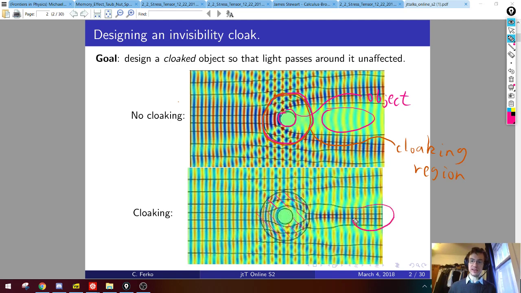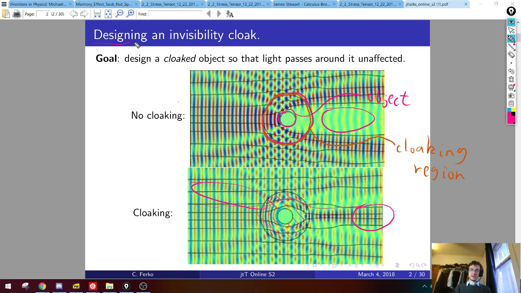You can see here that the cloaking has bent the incoming light rays around the object in such a way that if you were standing behind it, you would not be able to tell that there was an object between you and the light source. These outgoing light waves look very much like the incoming ones, so it's effectively as though the object had not existed. There's a little bit of backscattering here, but when you get far enough away, it's supposed to be minimized for a perfect cloak. So that's the problem we're trying to solve.